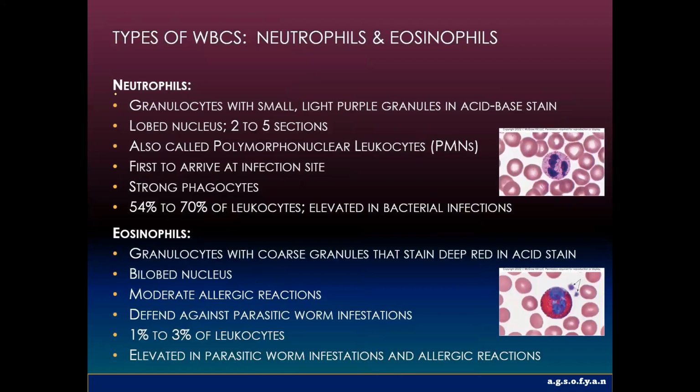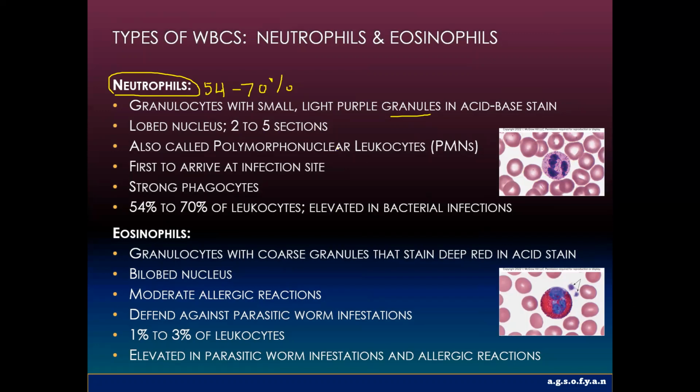Okay, we start with the first one, neutrophil. Remember, based on the percentage, this one is around 54 to 70% in our blood. So this is the most abundant one, right? The granulocyte with small light purple granules, kind of neutral. And this is very important. We should be able to see this nucleus over here.